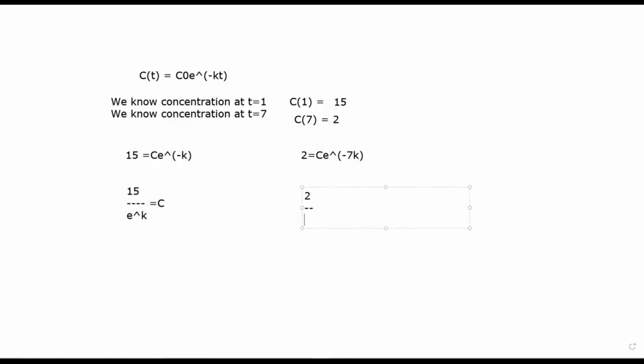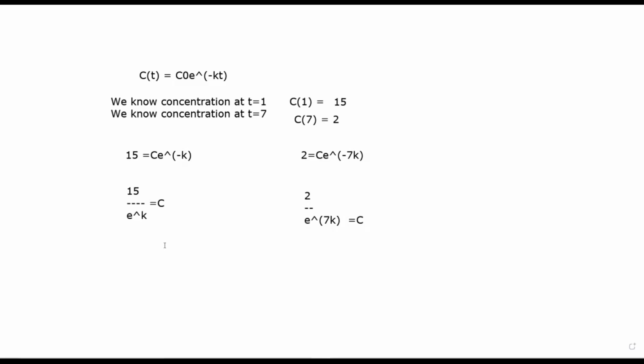Now here, they're both equal to c, right? So if they're both equal to c, then I can set them equal to each other. And from there, I have to cross multiply and make the k's go away, because I make the c's go away by equating them.